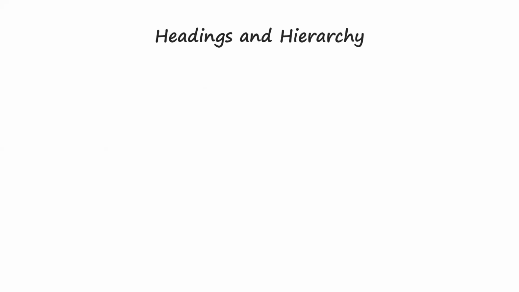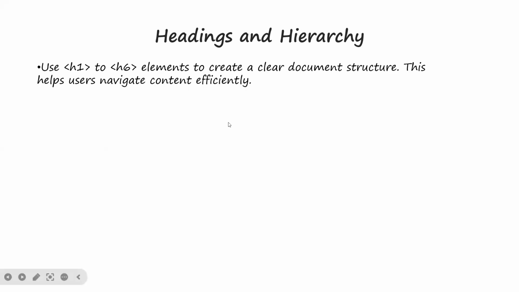When you're working with headings and hierarchy, you have to pay attention to how you use them. The H1 to H6 elements are used to create a clear document structure. This helps users navigate content efficiently. So when you're working with your headings, you have to follow them in a structural way.